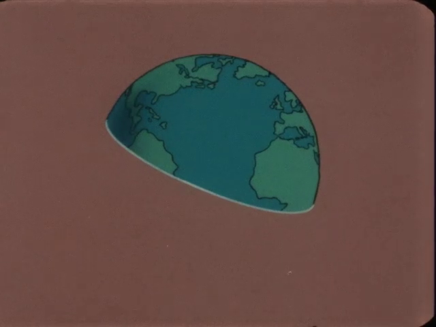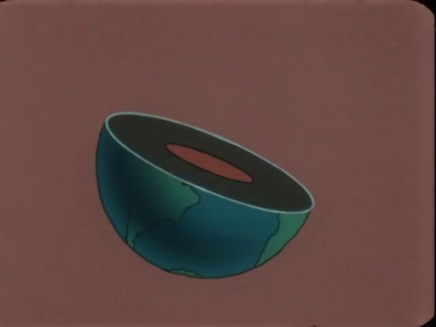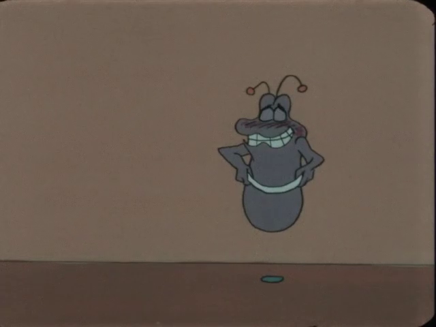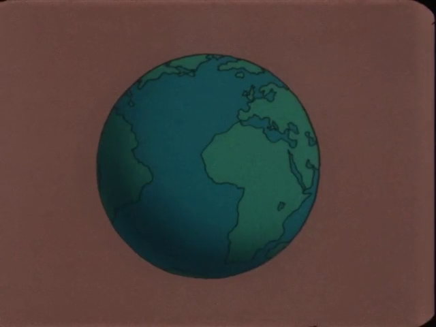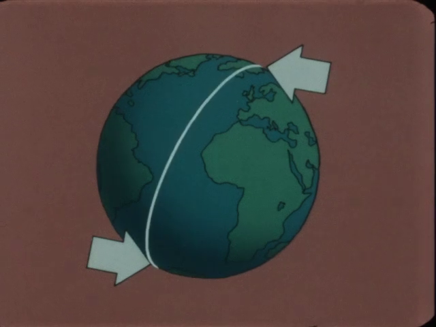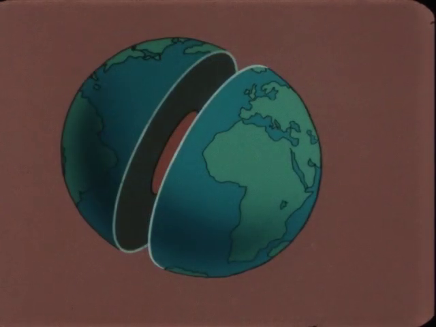This half of the Earth, the half with the North Pole in it, is called the northern hemisphere. You can tell somebody where something is by saying it's in the northern hemisphere, or in the southern hemisphere. That's this half with the South Pole in it. You could also think of the Earth as divided in half through the poles, this way, into two different hemispheres.